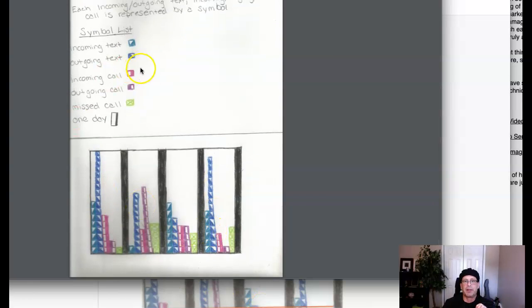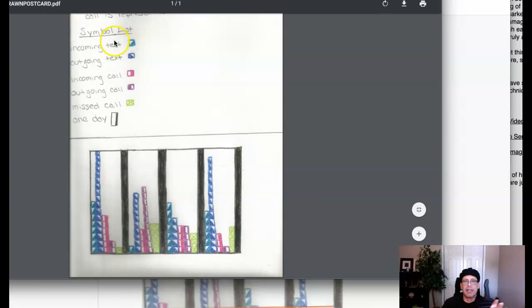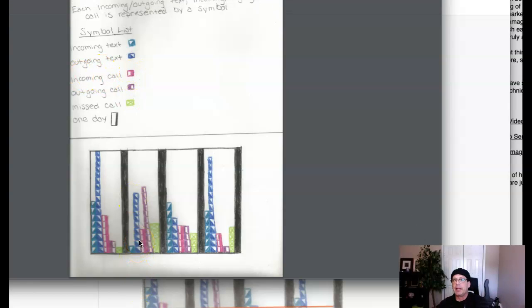I think one of the things that is irrelevant data is missed calls. All we're looking at is incoming and outgoing texts, incoming and outgoing calls, to determine the usage from that standpoint. If you have a call that comes in and you didn't happen to answer it, that's an incoming call. It's irrelevant to the data set whether you answered that call or not. It's still an incoming call.